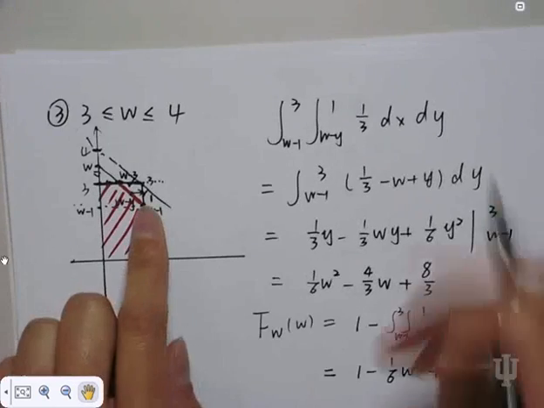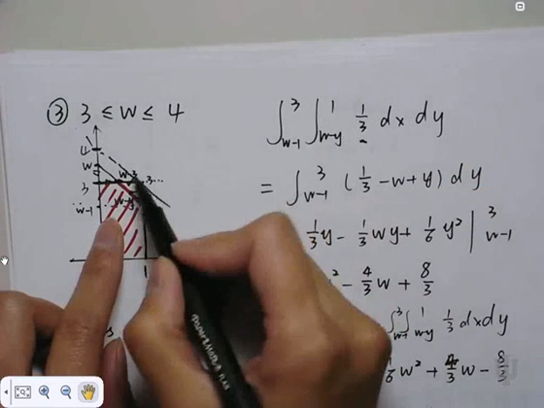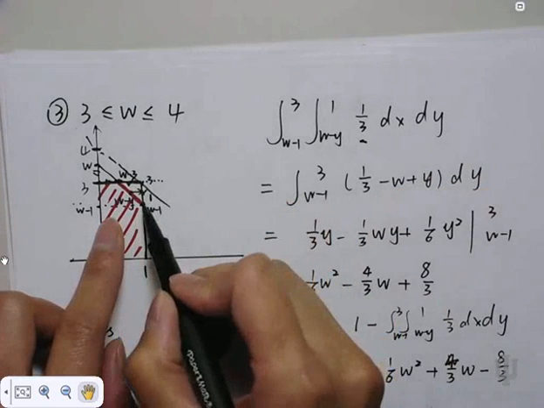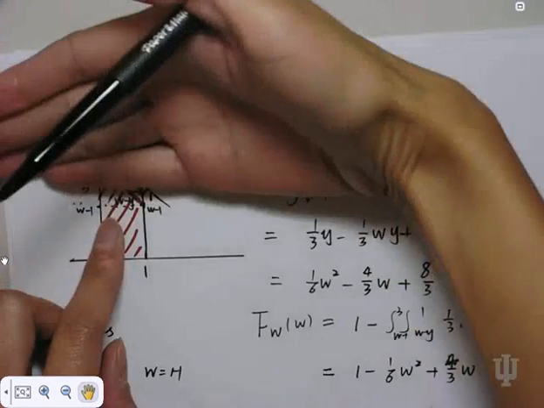So I integrate, this is my head. From x from here to 3, because 3 is fixed, right?